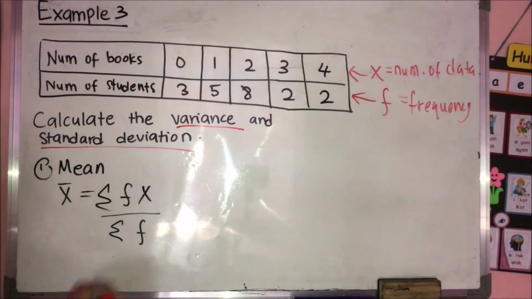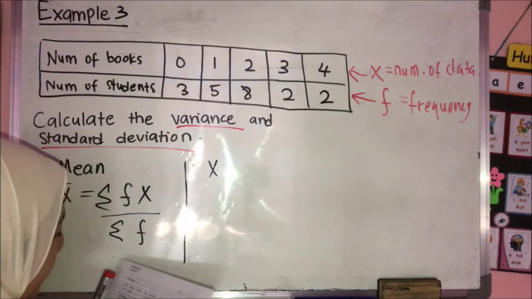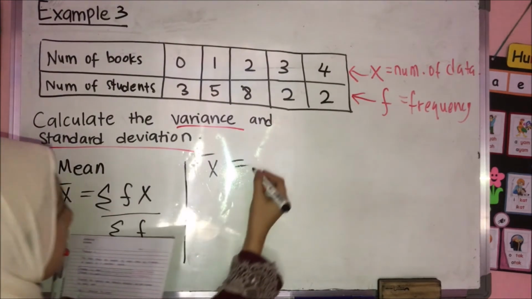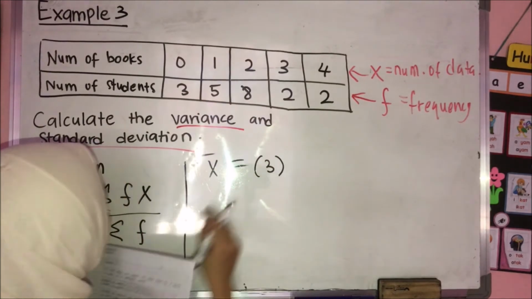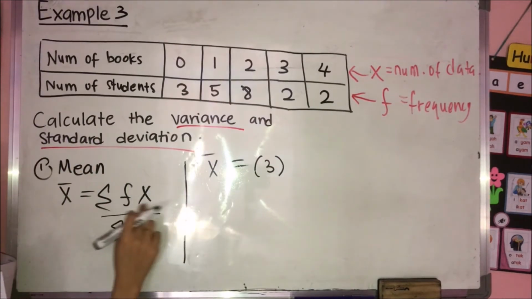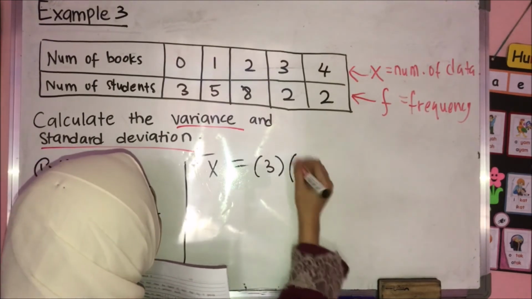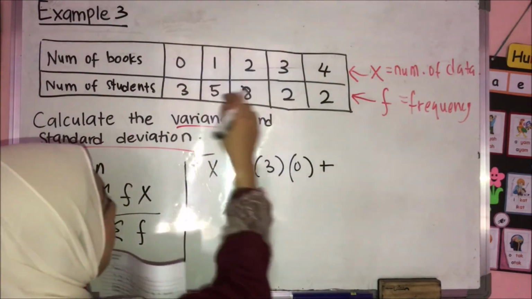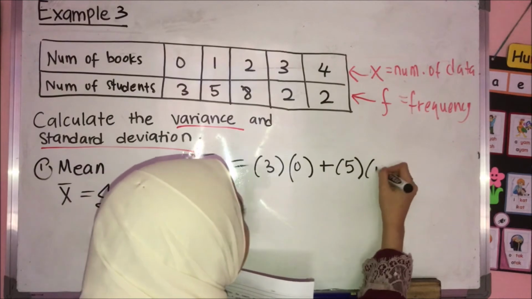So the first step is find mean. Mean is x bar, right? The sum of fx. Remember, the sum of fx. F is 3, x is 0, and then plus 5, the x is 1.